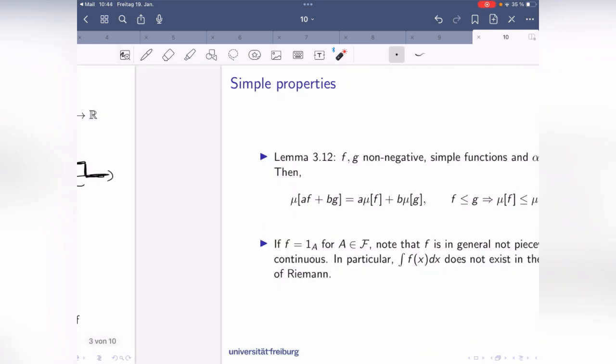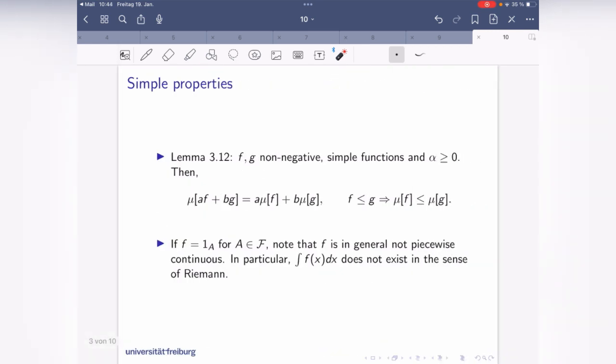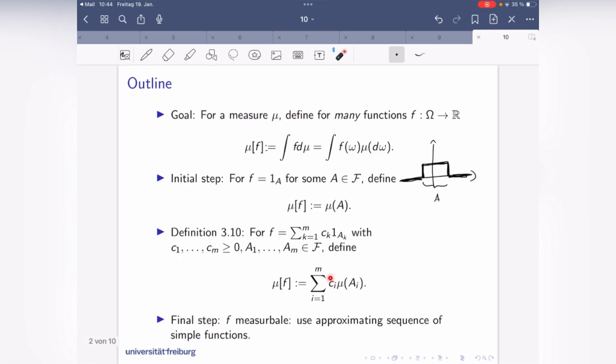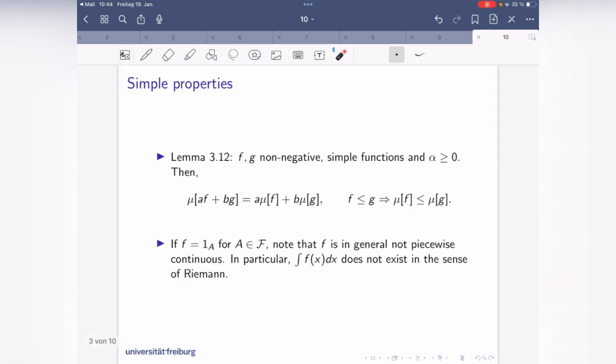Okay, and for this here, f and g are non-negative simple functions. So non-negative means that the c_i's here are bigger or equal to 0. Then the integral here is linear and monotone, like this here. And I'm not going to show this because I say that's clear anyway.